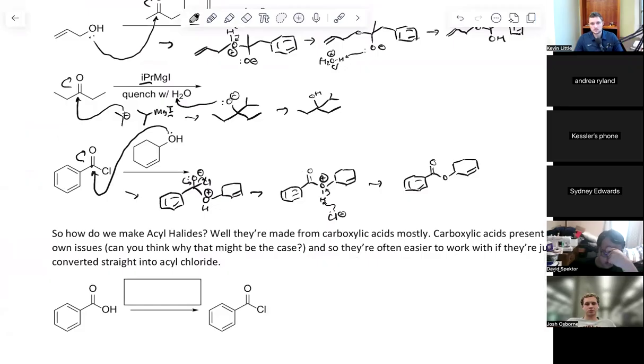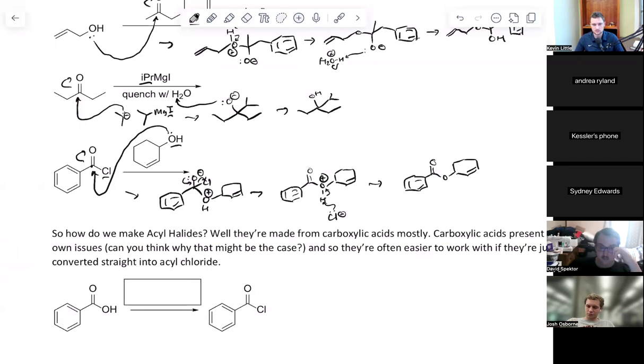I'm going to tell you this now. I want you to draw these mechanisms. There's going to be a part of the test that's worth a significant amount of points. That is you drawing the mechanisms. I care more about the mechanisms than I care about the products. So yes, it's useful to think, oh, this oxygen is just going to substitute out this chlorine, but I want to see that you can reason through the chemistry of why that happens.